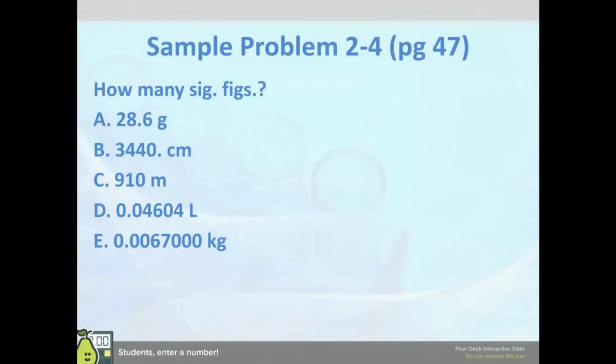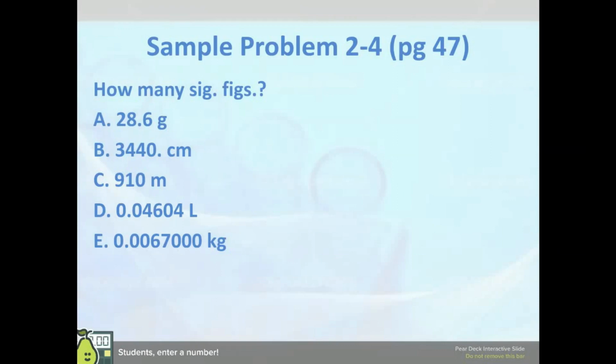So if I were to look at A, I've got 28.6. First of all, we said that anything that is not a zero is significant. And so since there's no zeros in this, we would have 3 significant figures. But at the same time, if we think about that Pacific and Atlantic picture, we said the Pacific Ocean means that there's a decimal present.